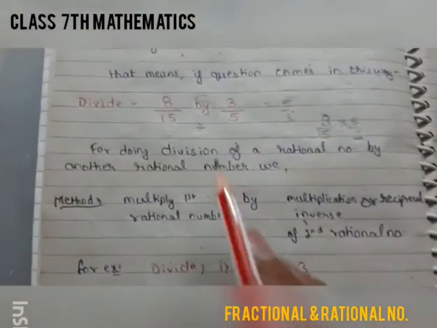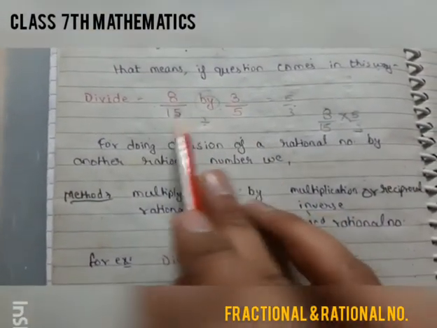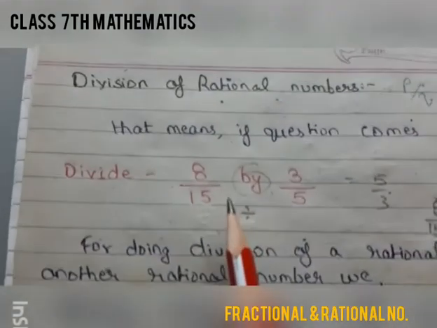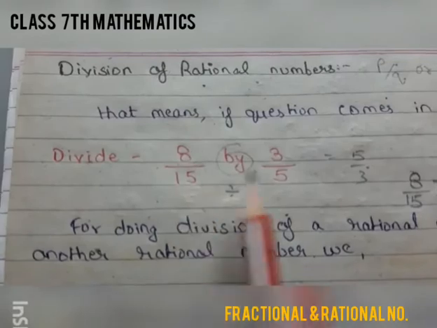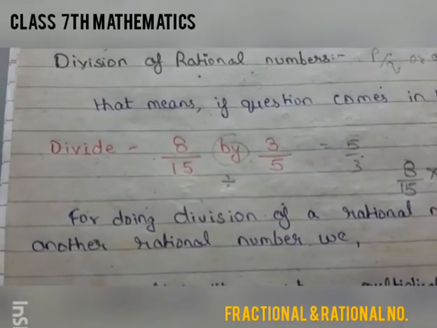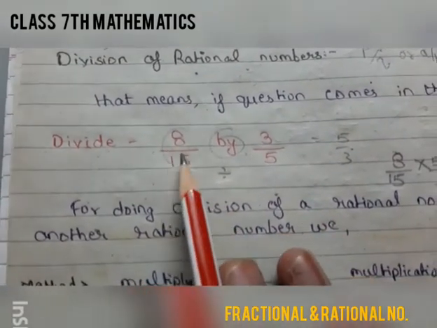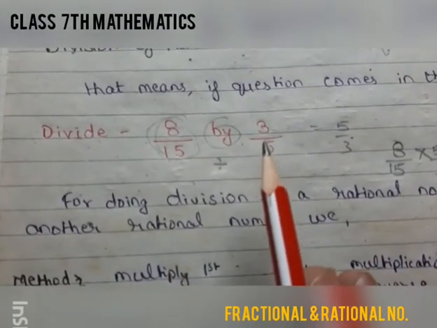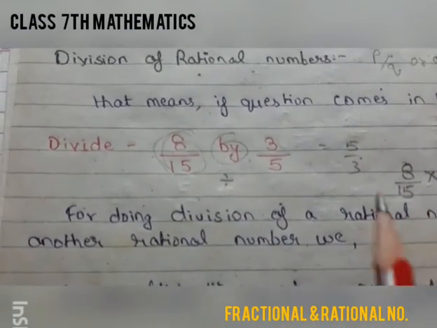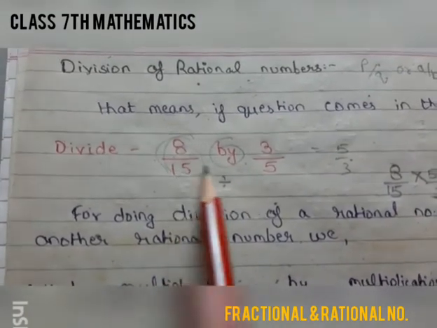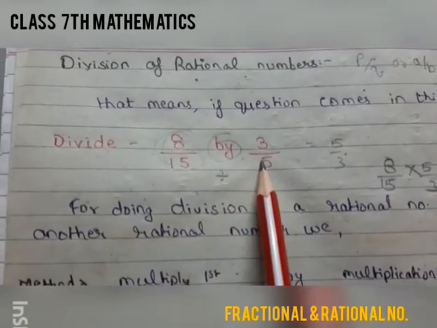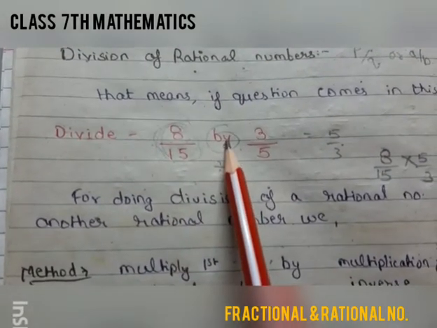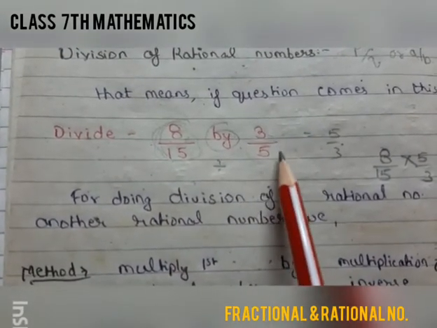Once again I am telling you, if you need to divide any two rational numbers, please pay attention, the simple format is to multiply the first rational number by the reciprocal of the second rational number always.